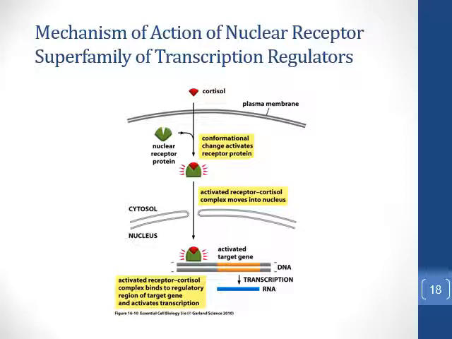Now, in the case of cortisol, it turns out that here's its intracellular receptor. This is called a nuclear receptor protein, because what happens is when cortisol crosses the membrane and engages the receptor, it induces a conformational change, and that receptor now, in complex with the cortisol, is translocated to the nucleus, where it binds to a cis-regulatory sequence.